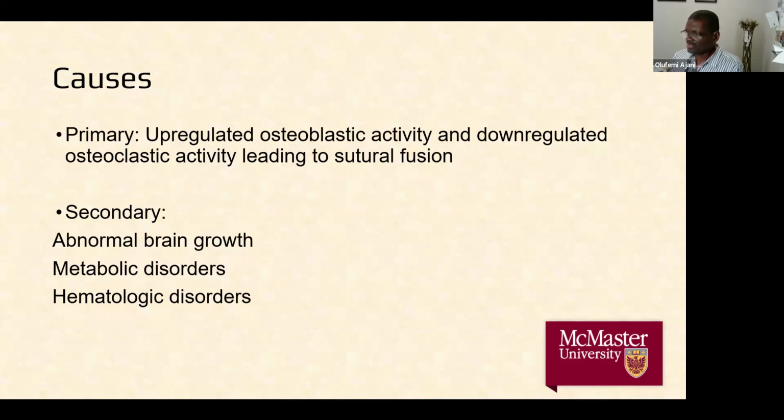One common condition in neurosurgery is ventriculoperitoneal shunting, which sometimes alters brain growth and could lead to an abnormal head shape. There is also the condition of plagiocephaly that I'll talk about later. That is positional.